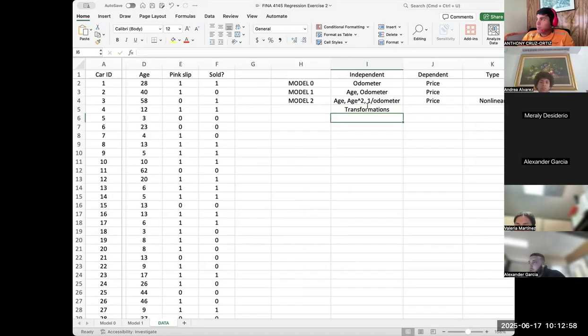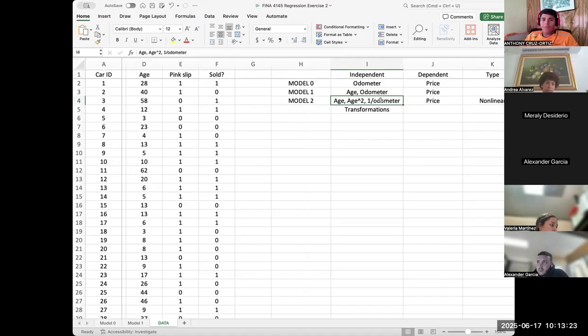So we're going to adjust the curviness of odometer by inverting it. And we're going to deal with the parabola thing of age by squaring it. Okay, so we're going to create those two variables and then run the regression and see what we get.